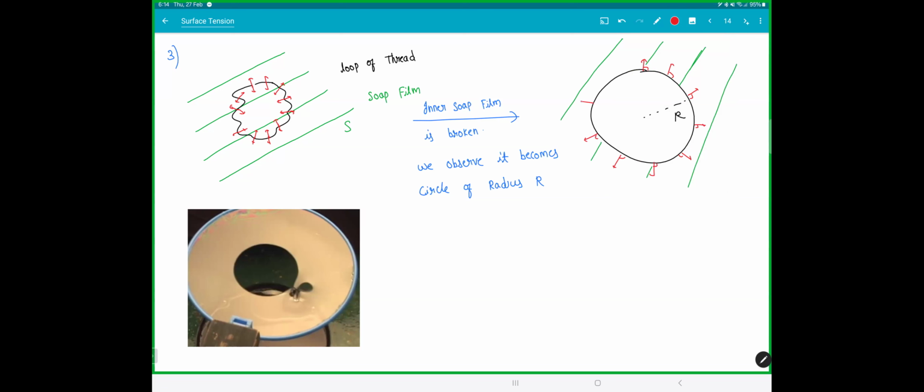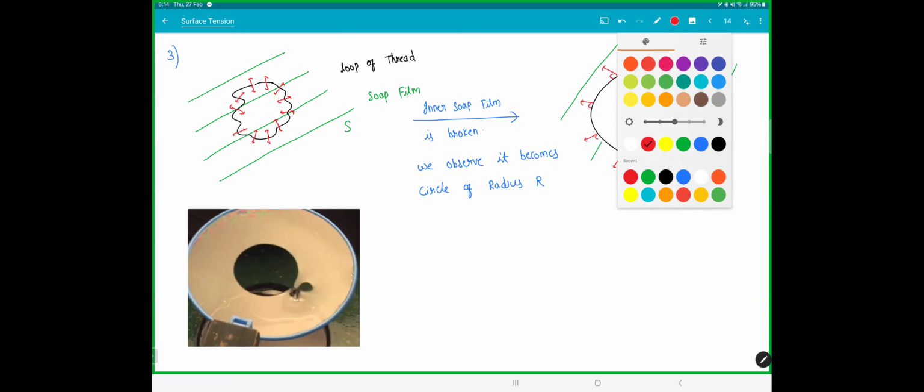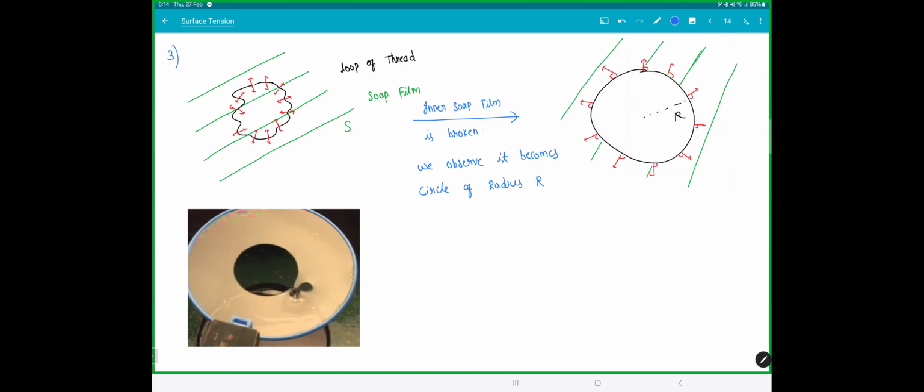So if you're pulling outside in all directions, there'll be tension in the rope. Find the tension in the thread. If you have a rope and you're pulling in all directions with equal force, there'll be a tension. We have done this before. Anyone remember where?